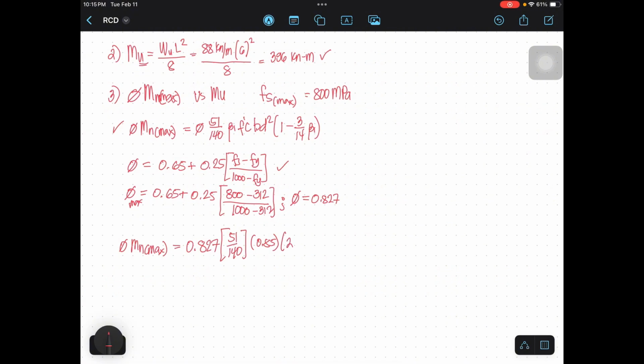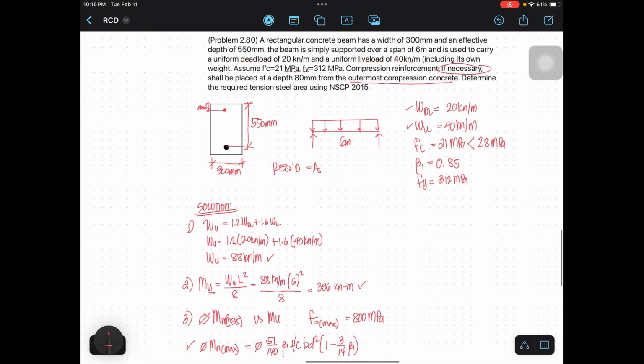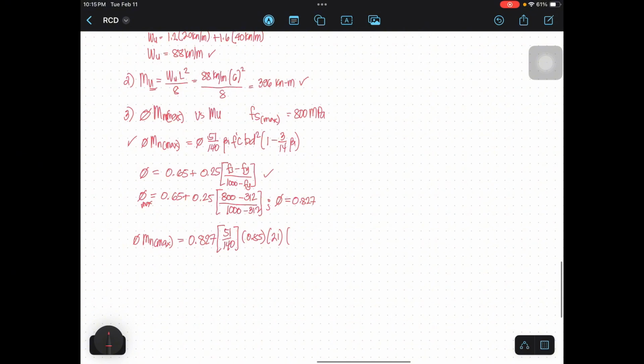Okay, yung f prime c natin na 21 plus base na 300 by 550. 300 by 550 squared quantity 1 minus 3 over 14 multiply by 0.85.